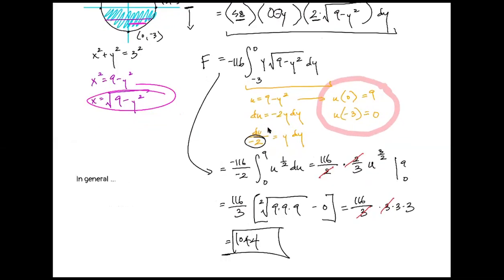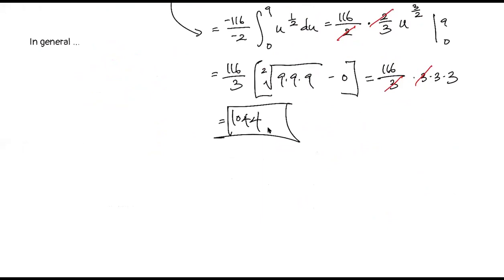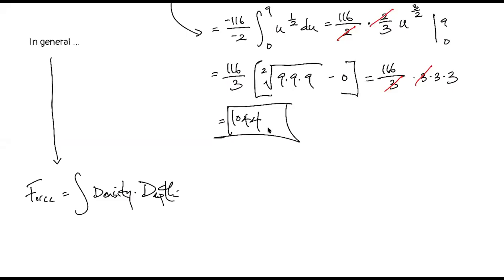Okay, so this last piece down here, in general, I just wanted us to know that the force is going to be the integral of our density times our depth times our width times dy.